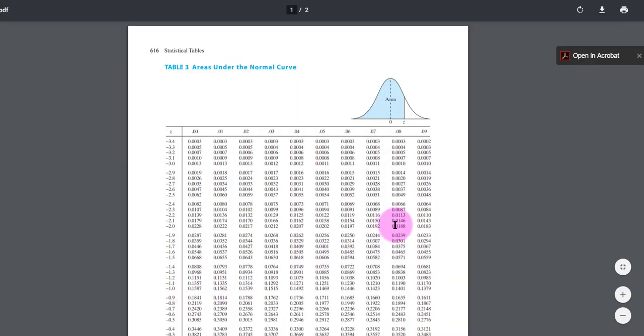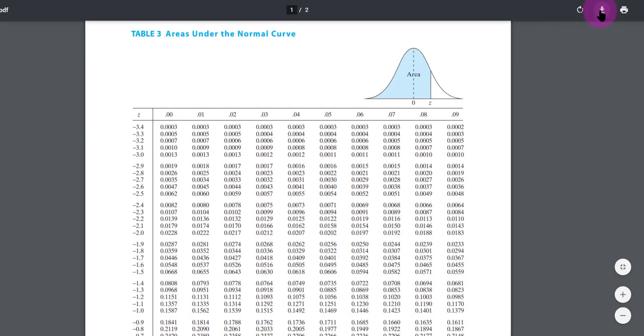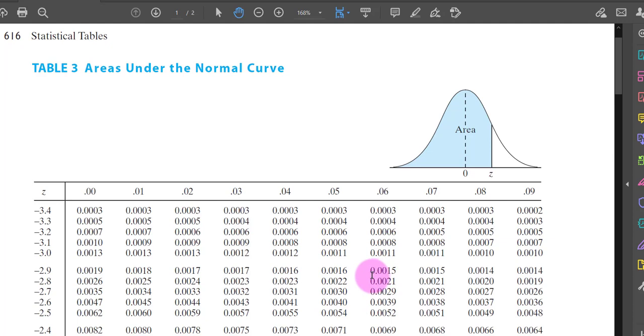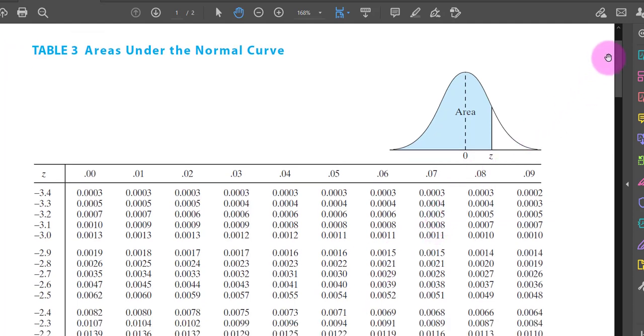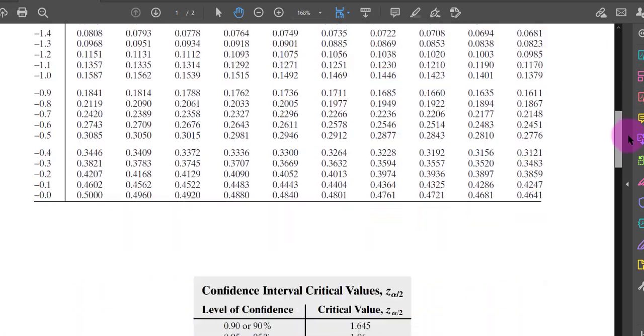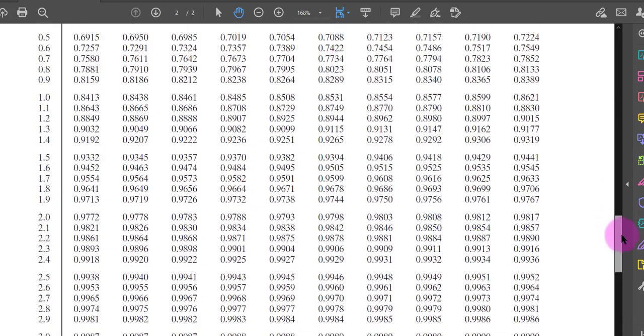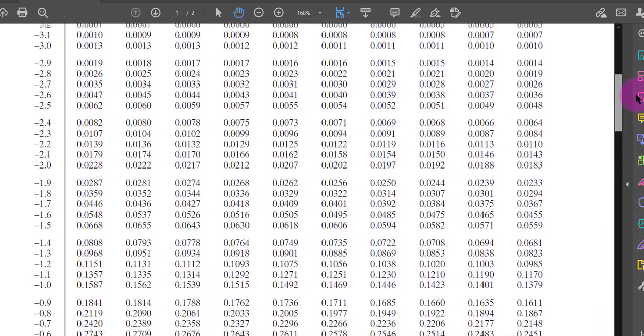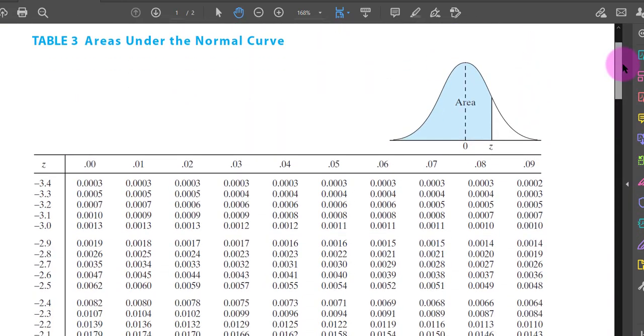This is what it looks like. I'm actually going to download it so it comes out a little crisper. So here is this table. It has 2 pages, and we'll discuss what's on these 2 pages. You'll see there's a whole lot of numbers, and I'll show you how to read it. That's the purpose of this video today, to show you how to use this table.